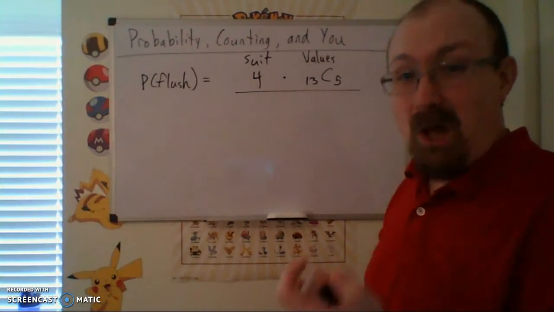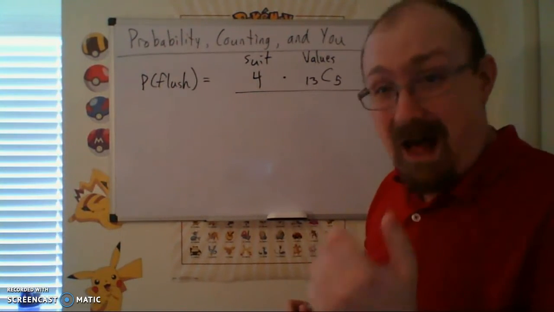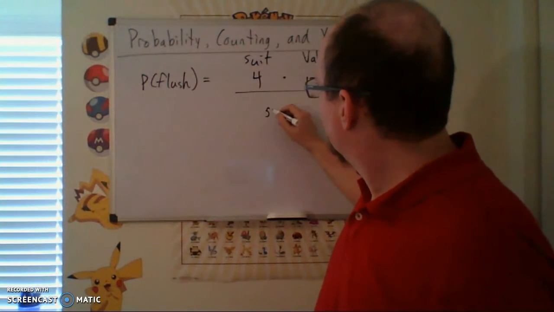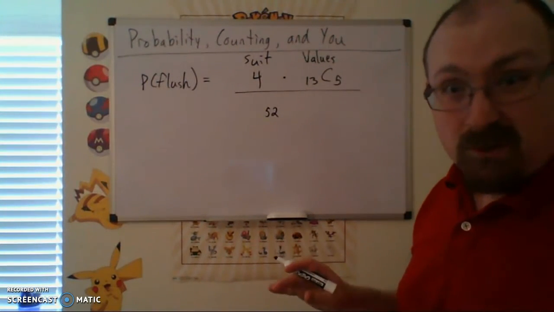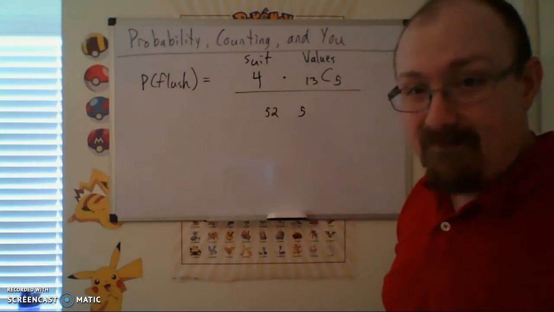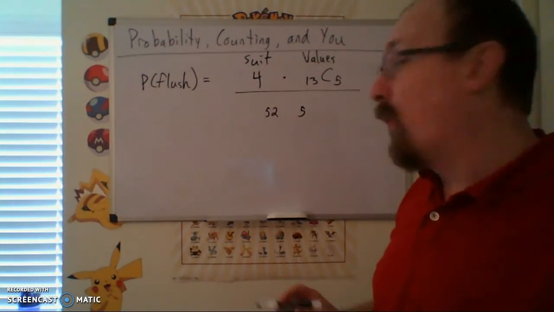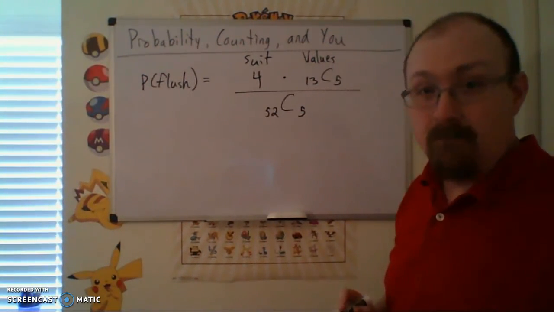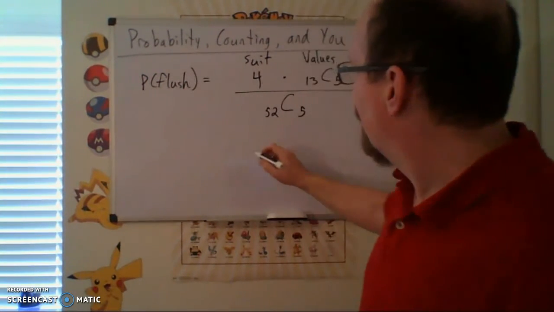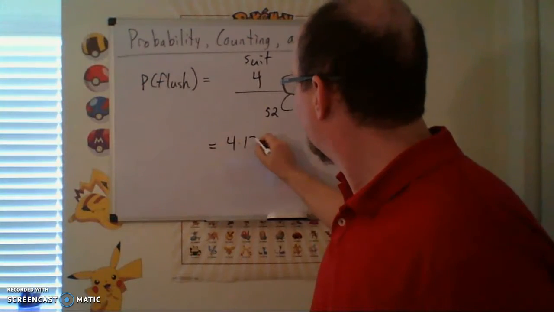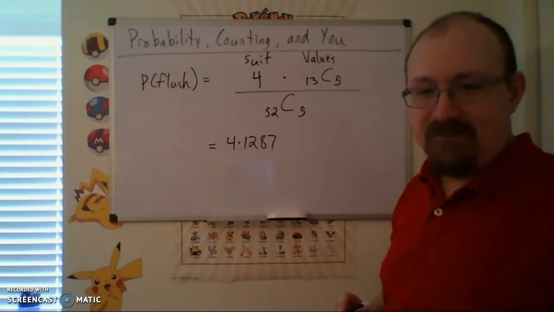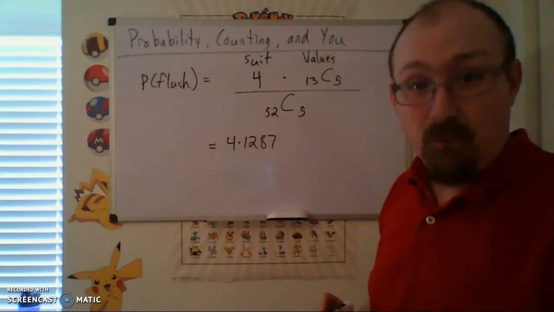All right, down below, we want the total number of possible 5-card poker hands that we're going to be dealt. So there's 52 cards in the deck. I said no jokers. Forget those. We hate those. We're picking out 5 of them. And like I said, the order doesn't make a difference here. So 52C5 down below. All right. So for what it's worth, up top, 13C5 should work out to be 1,287.